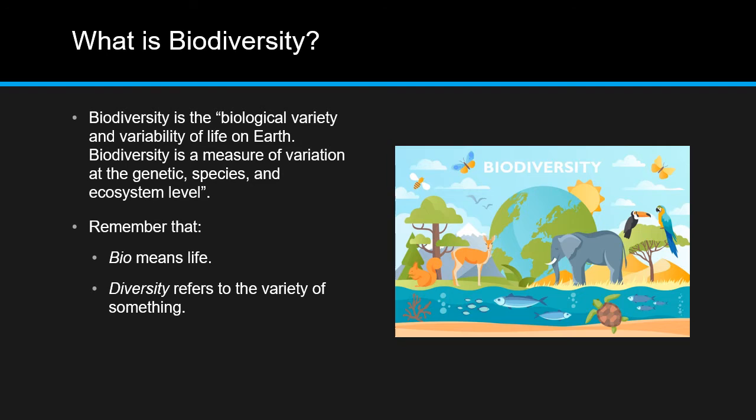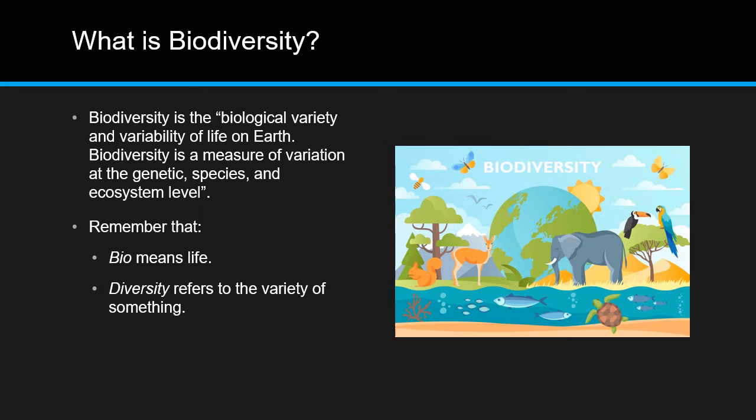But what exactly is biodiversity? Well, technically, biodiversity is the biological variety and variability of life on Earth. Biodiversity is a measure of variation at the genetic, species, and ecosystem level in a certain geographical area.